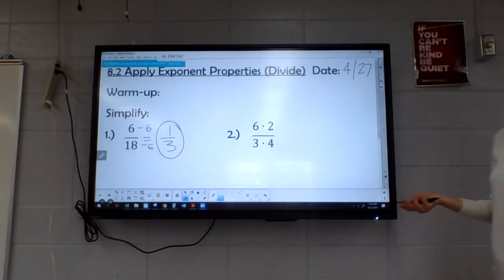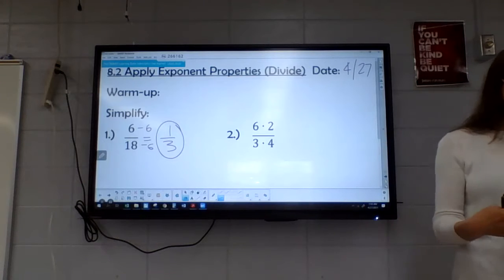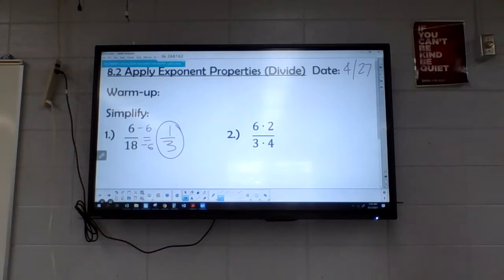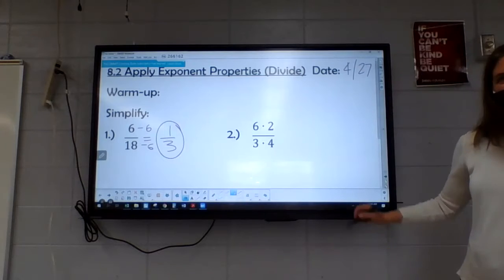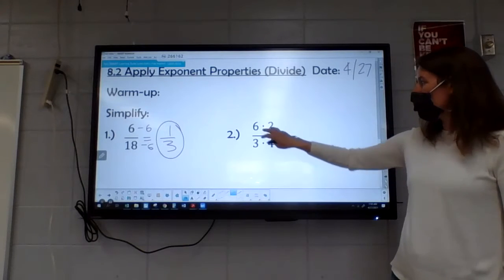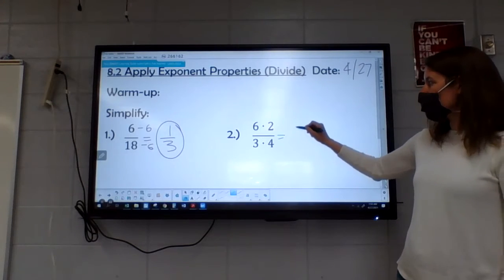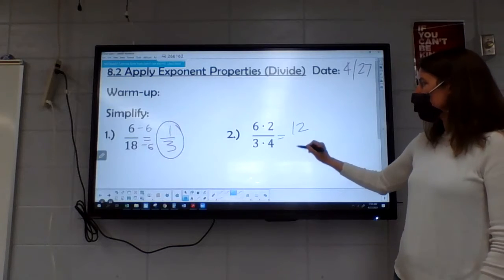Now, number 2, I want to point something out that hopefully you noticed once you worked through it. There's some simplifying we can do, but we could probably multiply. What most of you did was multiply top and bottom. So 6 times 2 is 12. 3 times 4 is 12.